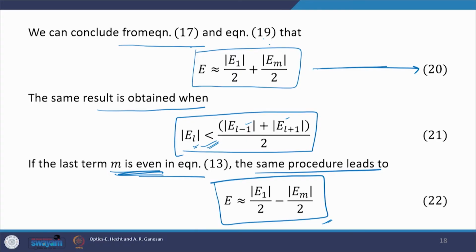On top of this, if we consider our second case wherein m is even, then from equation number 13, after repeating all the procedures which we did in our last few slides, we get equation number 22. Therefore, equation number 20 and equation number 22 are our final results when m is odd and when m is even respectively.